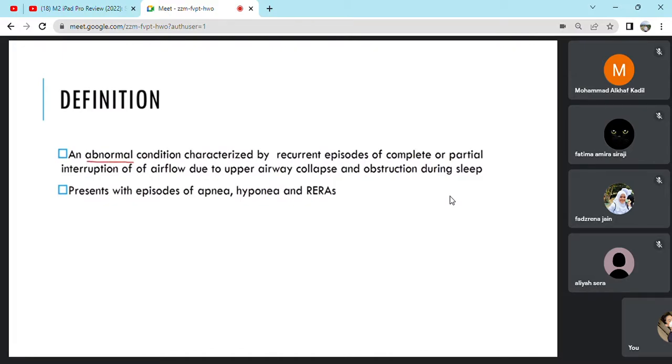Yes, it's abnormal because you usually do not see the events that are happening in your OSA normally in an individual. So it's characterized by recurrent episodes, which is seen as either a complete or a partial interruption of airflow due to an upper airway collapse. That happens during your sleep, and you also see not only an airway collapse, but you also see airway obstruction. Okay?